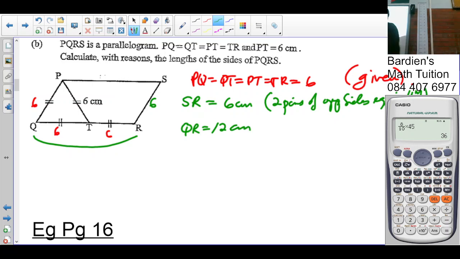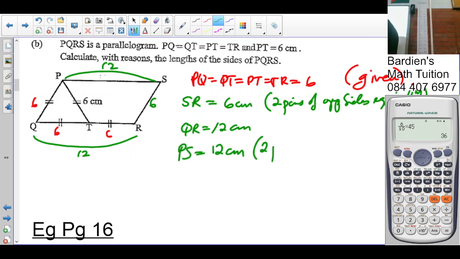When we're talking about length there, we don't have to state the reason. So we already spoke about QT and TR. Can you see that? No reason required. So if this is 12, what can we say about PS? PS is also 12. Why is PS equal to 12 centimeters?